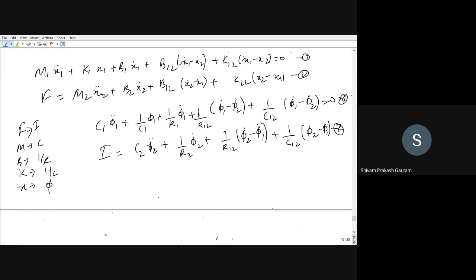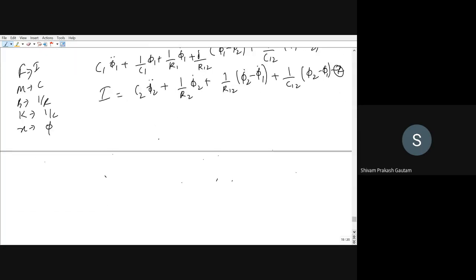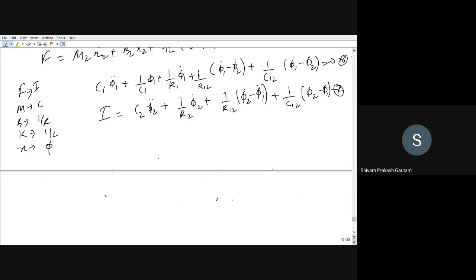Now from these two equations, we have to make an electrical network. Can we make an electrical network? Obviously, we can. How many nodes are there? There will be 2 nodes. Just see how to make it. This is one current, the I current, flowing. To this I current, you can see C2 and R2 are attached, so connect here C2 and R2, that is 1 by R2.